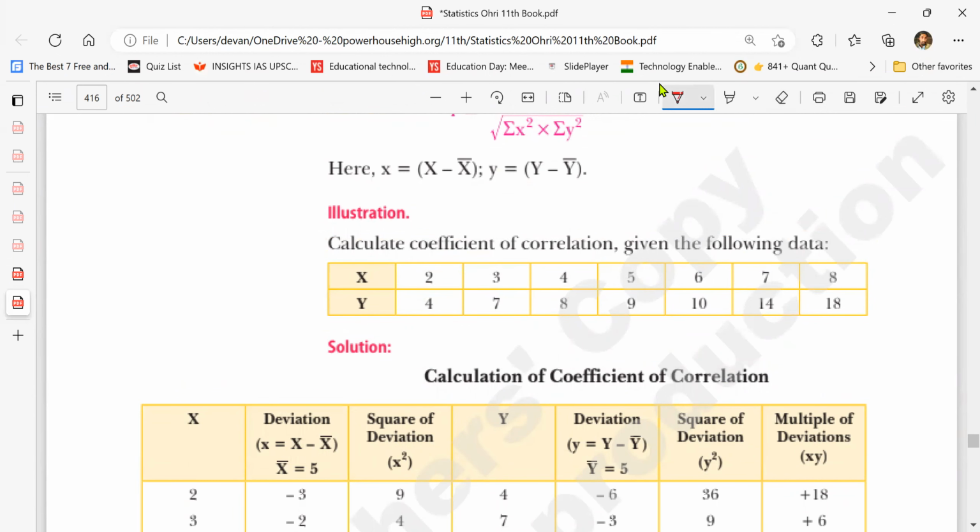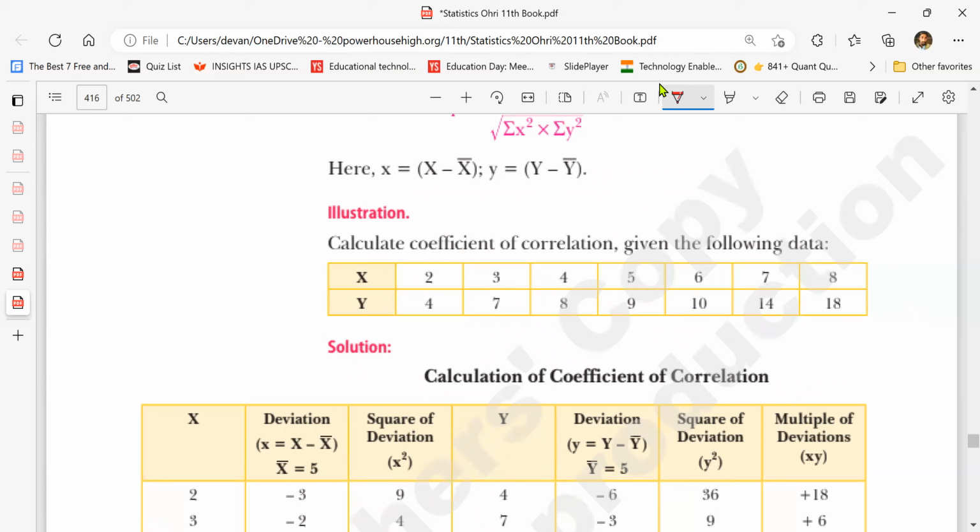So first we will calculate the mean of x and also the mean of y. Then after calculating the average value of x and y data set, we will find the small x and small y values.